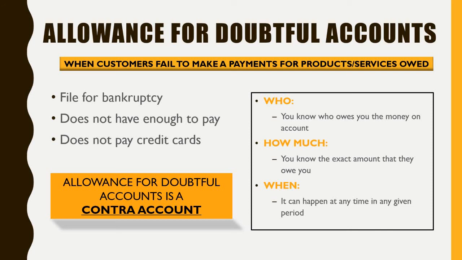We have to call them, send them letters, asking why we can't get our money back. We must exhaust our means to get our money back because we sold them a product, and we expect them to pay us back for the product that we sold to them, because they wrote an IOU saying, I promise to pay you back. So that's where the allowance for doubtful accounts comes from.